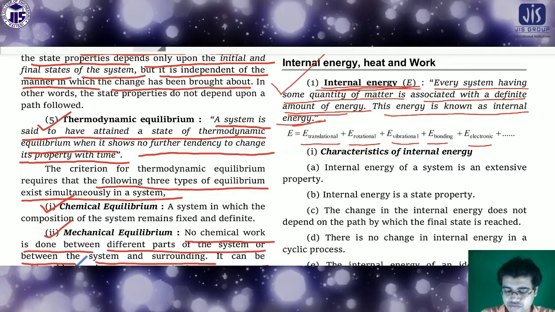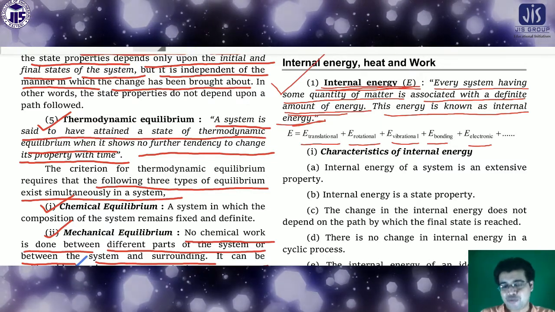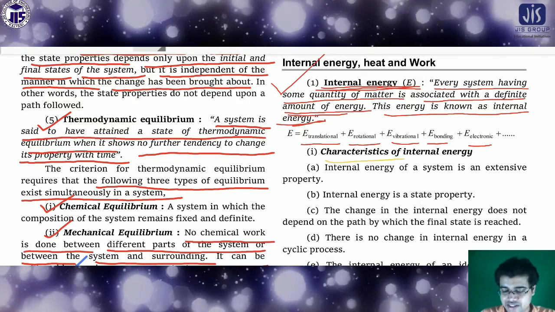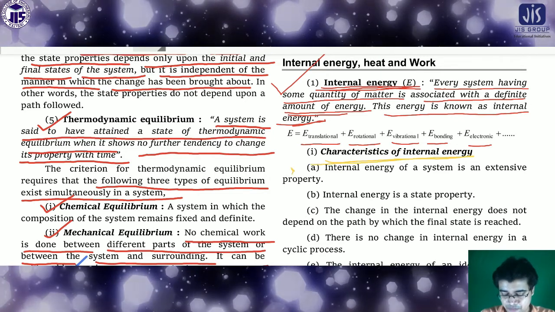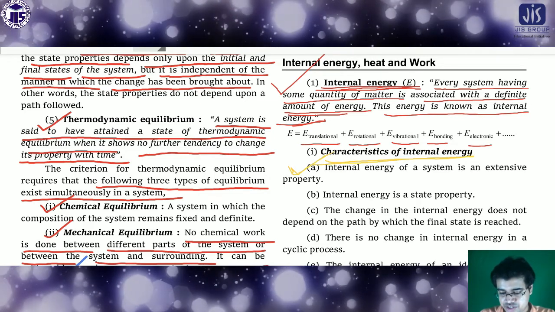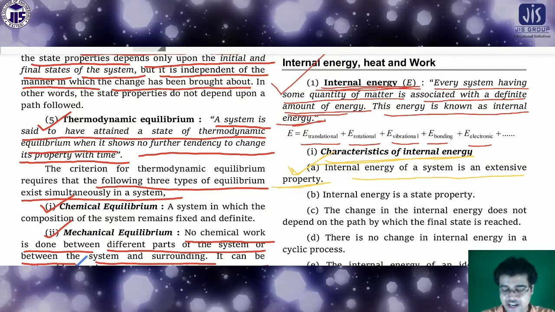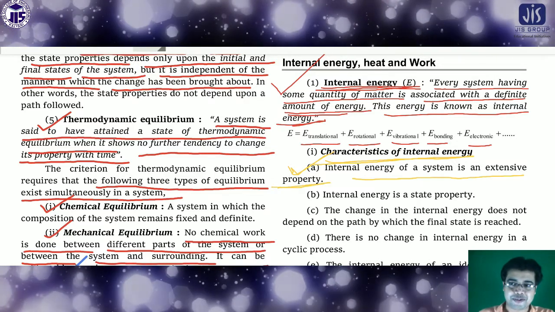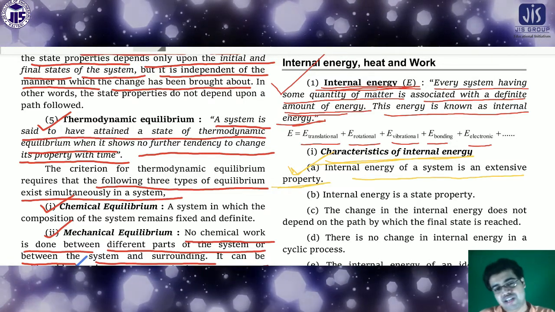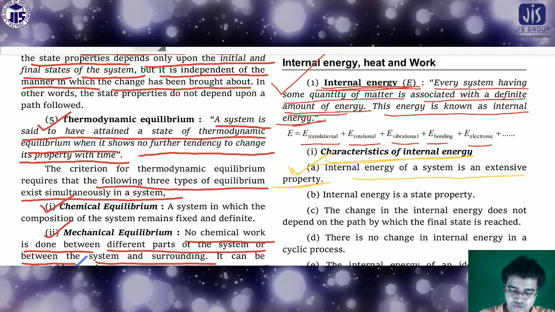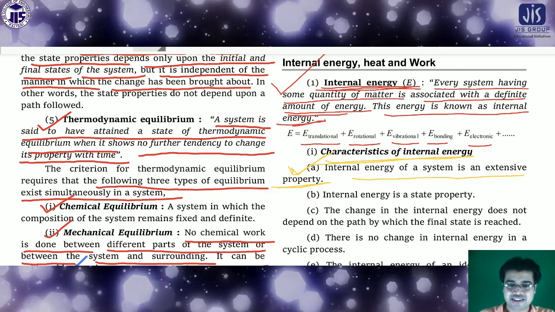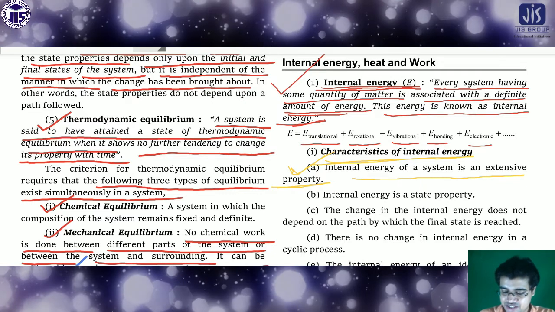Now, what are the characteristics of the internal energy? First of all, the internal energy of a system is an extensive property. I already discussed in the previous class what an extensive property is, which depends on the amount. So internal energy is obviously an extensive property.